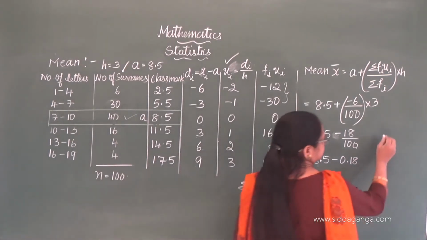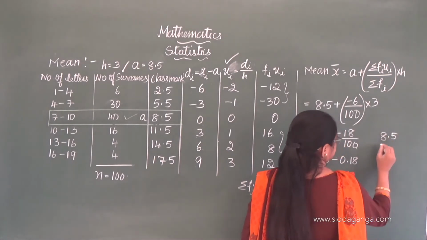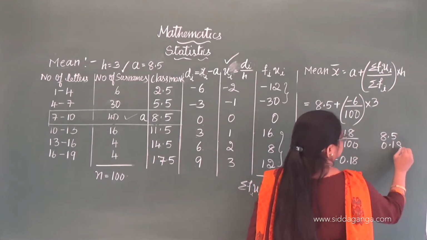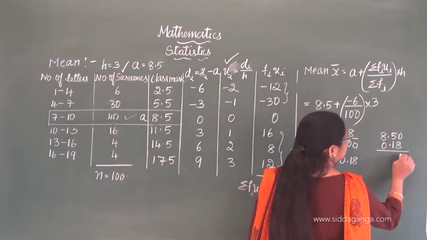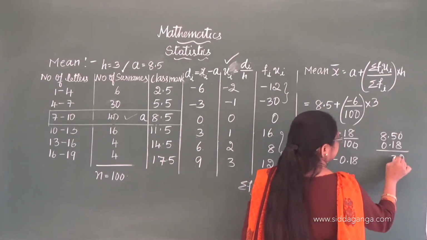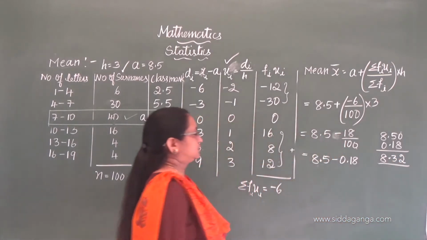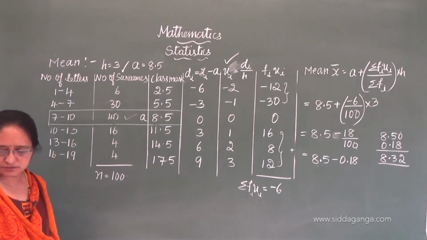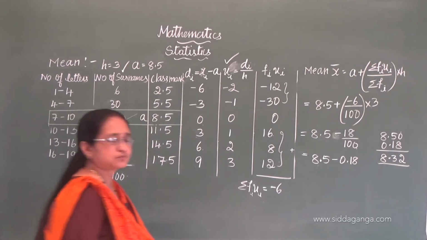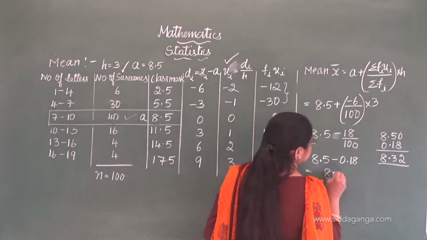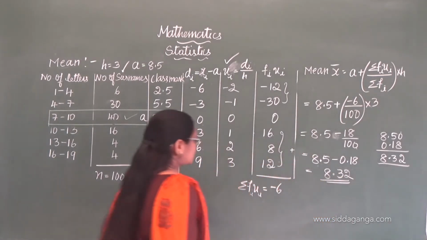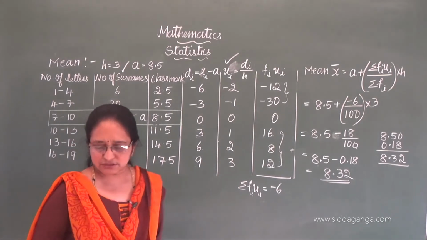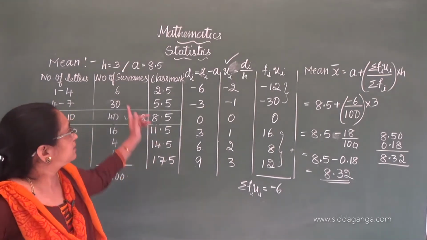So subtract. When you subtract, you will get 2, 4 minus 1, 3 and 8, 8.32. Check the answer, 8.32, okay, 8.32 is the answer. So what is the conclusion? This is what we have found out, the mean.